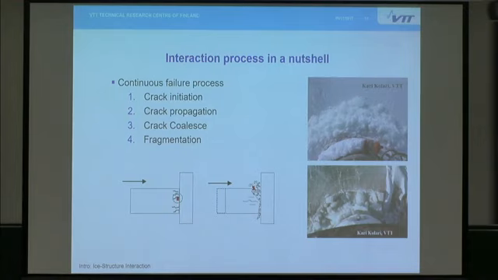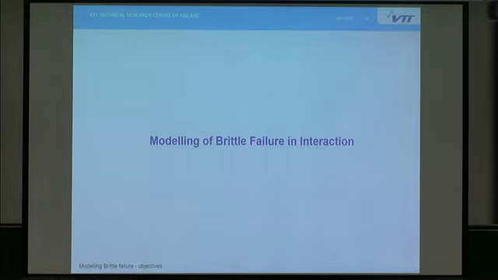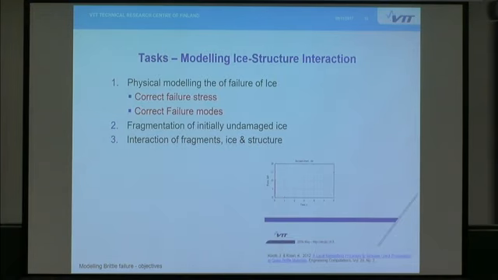So if we think in a nutshell about what the interaction process is from the material point of view: initiation of cracks, propagation, coalescence, and fragmentation, interaction of fragments, and so on, and this is going round and round. And if we then think about physical modeling of failure of ice, there are three things I think are important.